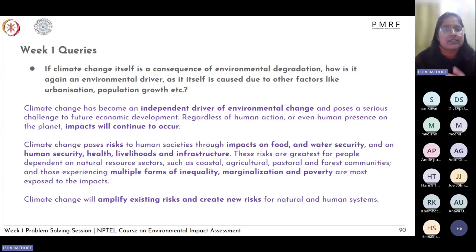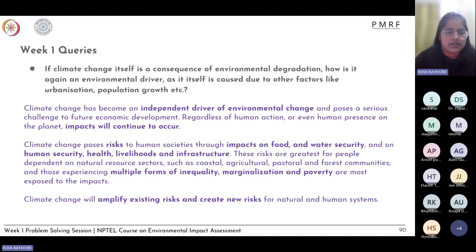So it has become an environmental driver at this point, because regardless of human action or even human presence now, the impacts are continuing to occur. You see a lot of heat waves happening, the melting of ice glaciers, and all of these things which are now not dependent on the type of human activity happening.